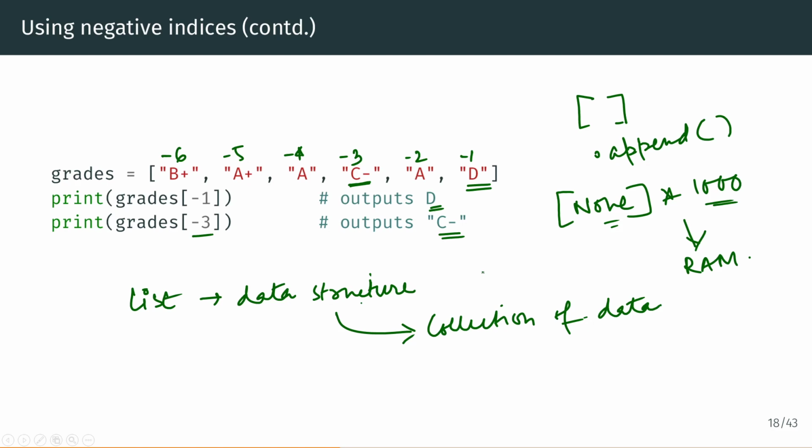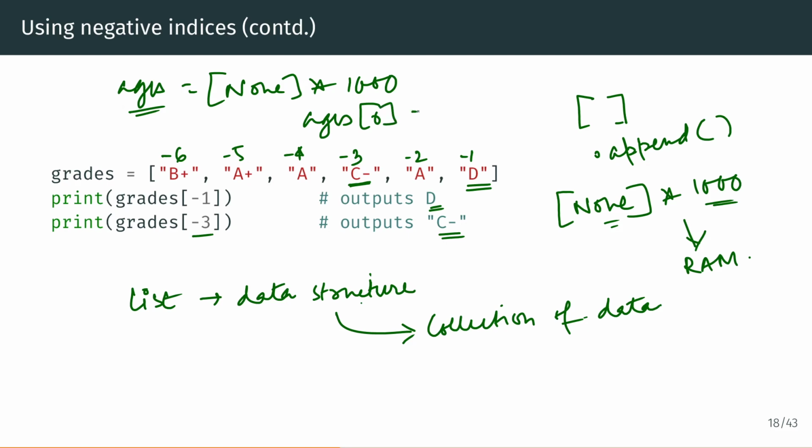Okay, so essentially when you have an array of ages, which has a size of 1000, it's sort of equivalent to having 1000 variables, ages 0 through ages 999.